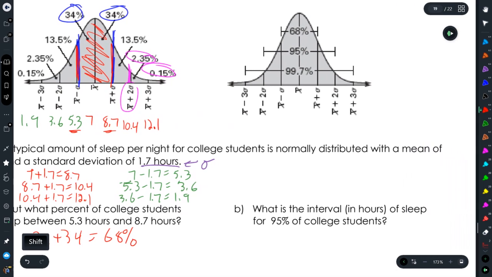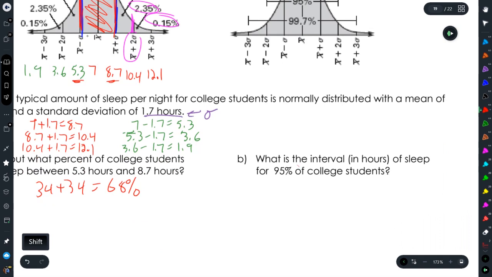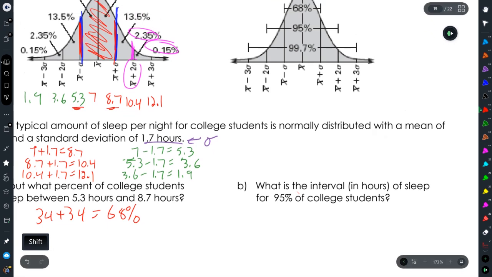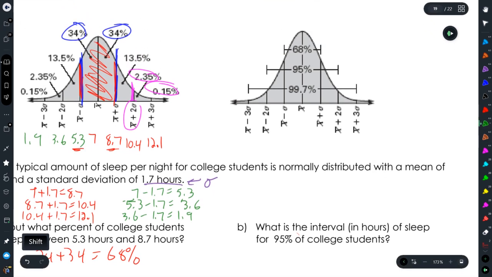And then letter B, what is the interval in hours of sleep for 95% of college students? Oh, that's a little different. Well, here's 95%, and that's going to be the mean minus 2 standard deviations to the mean plus 2 standard deviations.